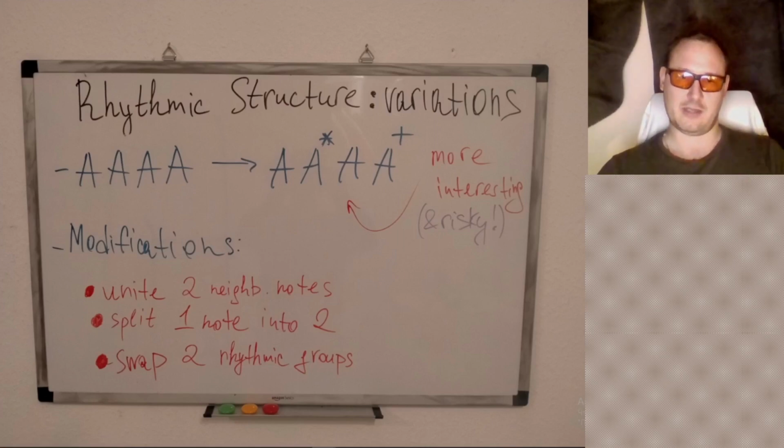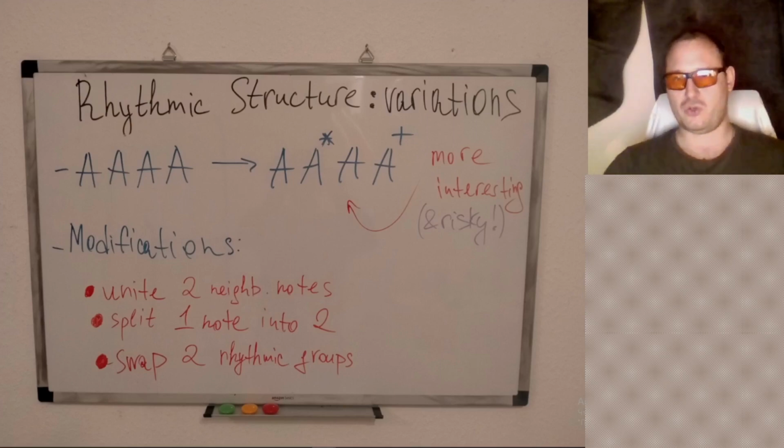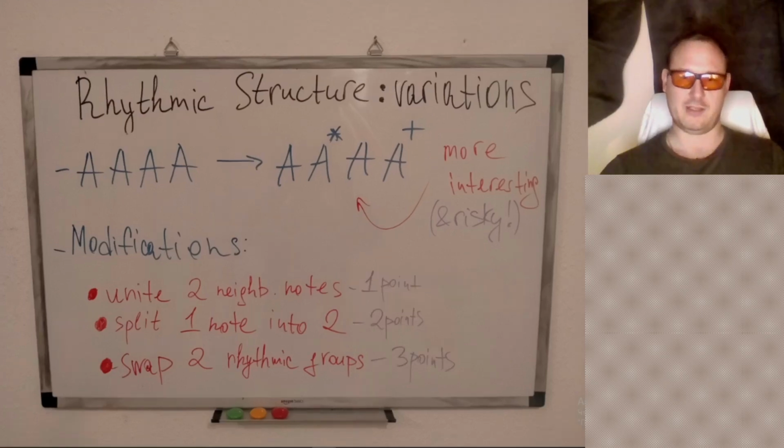As you can understand, each of these changes makes our modified rhythmic unit different from its original version. And we do not want it to be too different, because we will then need to assign a different letter to it with all the consequences, which means if this will lead to two distinct rhythms, you have problems which I told just before. So to prevent it, we actually assign points to it.